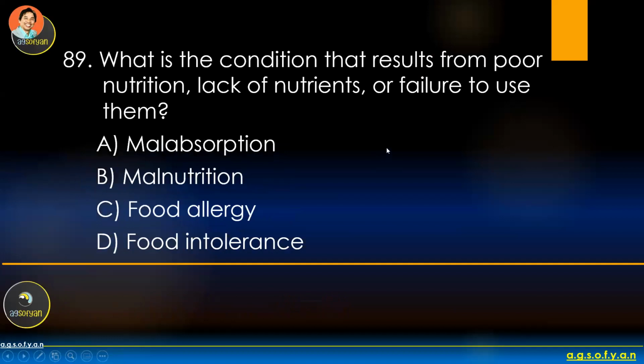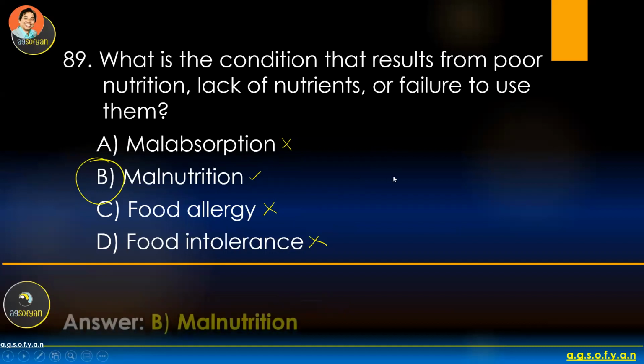What's the condition that results from poor nutrition, lack of nutrients, or failure to use them? Malabsorption, it is not. Malnutrition, maybe. Food allergy is not. Food intolerance is not the answer. So the answer will be malnutrition.